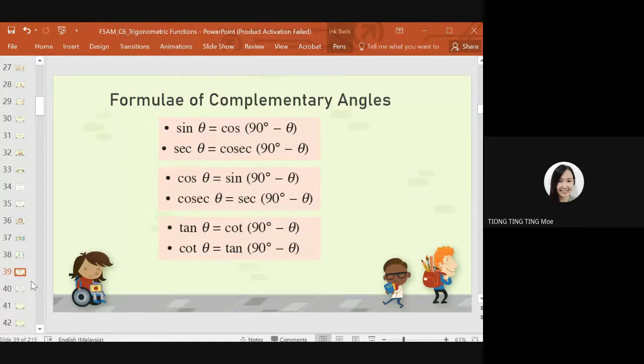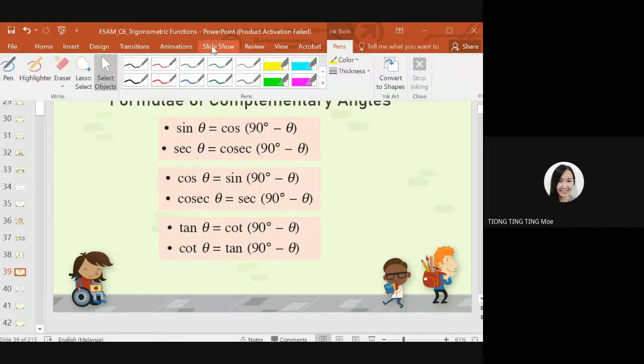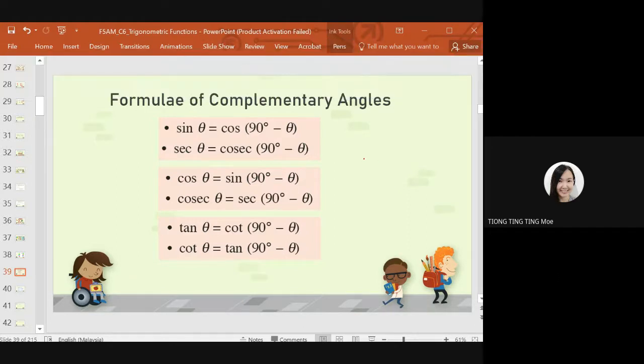Do you still remember the magic hexagon? Yeah, I'm going to teach you. By using the magic hexagon, we can remember the complementary angles. How are we going to remember the magic hexagon? Let's see, you can do it together with me.